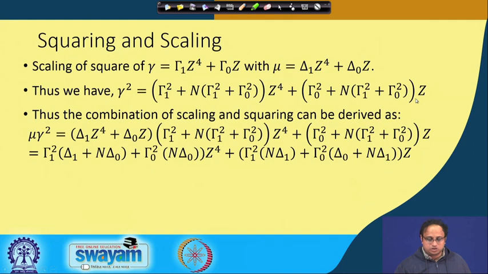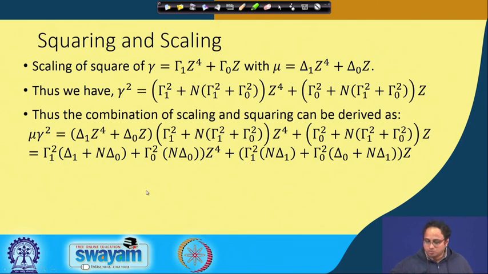But interestingly, let us look into the scaling operation, the scale and squaring operation. When you are doing a scaling and squaring operation, you are multiplying this constant, which is delta 1 z to the power of 4 plus delta 0 z, with this output, which is the squared result. If you do a few more manipulations, you will see that there are two terms here, which can be expressed in z to the power of 4 and z, and these are the two components.